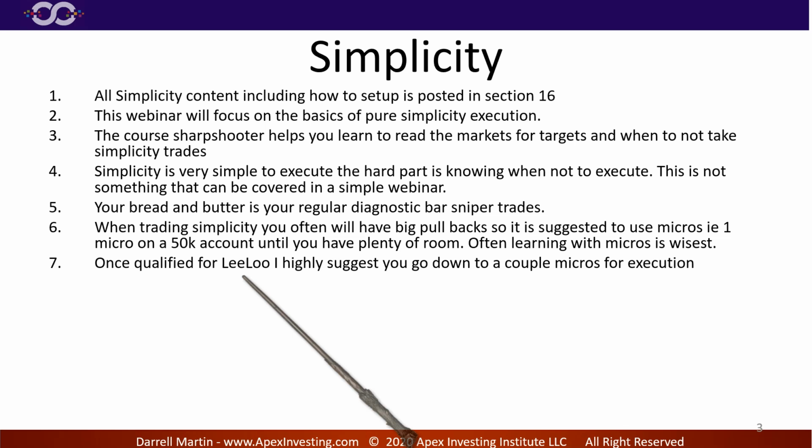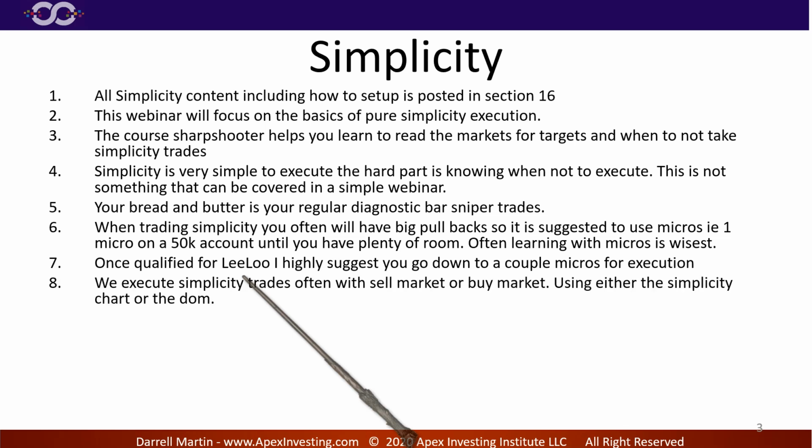We execute simplicity trades often with sell or buy market. This is the only strategy that I use market orders on. So you can be overly patient if you don't take trades. But we execute with sell or buy market. Does everybody get that?